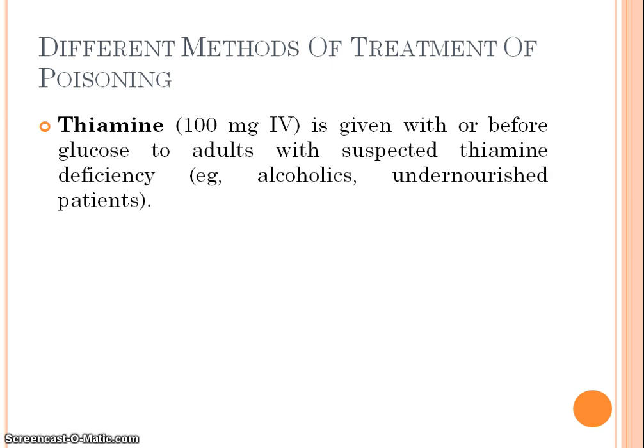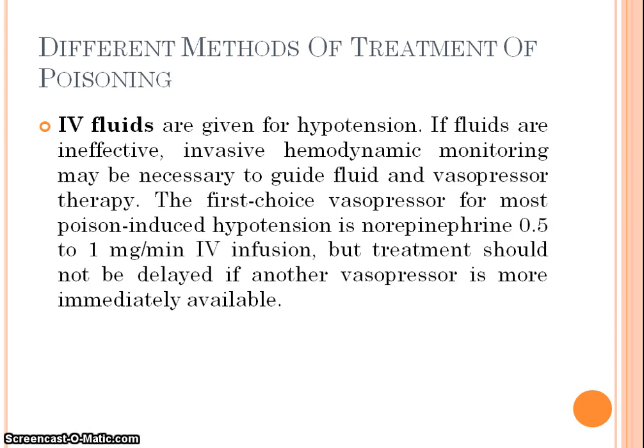100 milligram intravenous thiamine has to be given. Thiamine is given with or without glucose to adults with suspected thiamine deficiency, for example, alcoholics and undernourished patients. Intravenous fluids are given for hypotension. If fluids are ineffective, invasive hemodynamic monitoring may be necessary to guide fluid and vasopressor therapy.